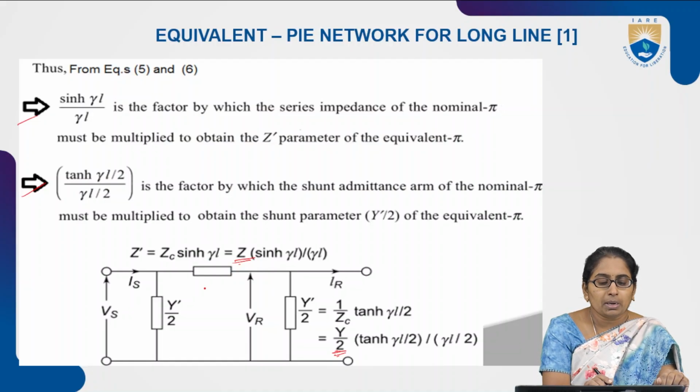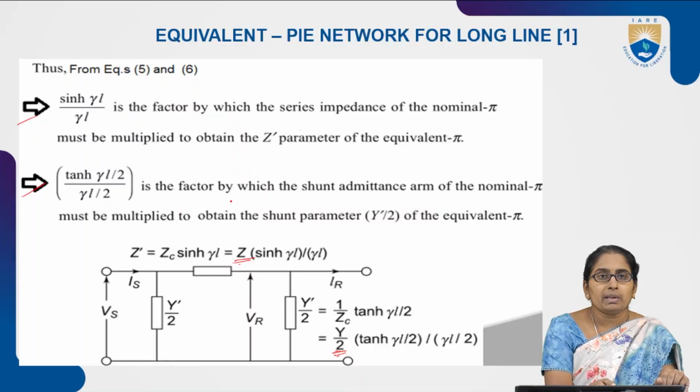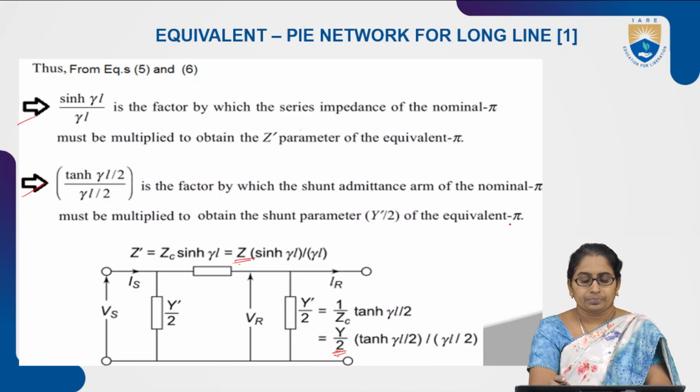Next, what about admittance? What is the additional factor here? Tanh gamma L by 2 by gamma L by 2 is a factor by which the shunt admittance of the nominal pi must be multiplied to obtain the shunt parameter of the equivalent pi.